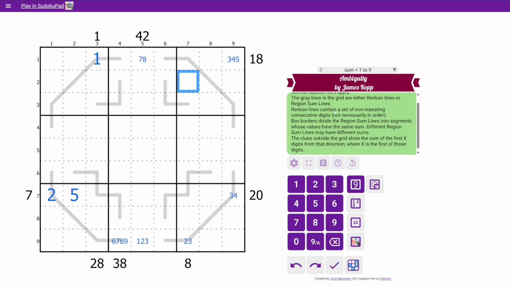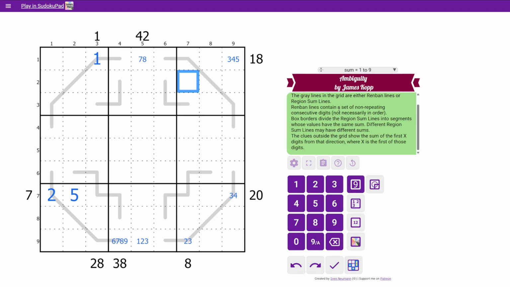Did I have any other rules that I'm forgetting? Rinban? No, it's just describing the rules of each. So what is Rinban? Which of these are Rinbans? Which ones are region sums? Can these be consecutive?